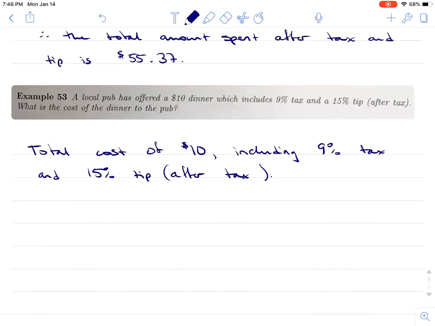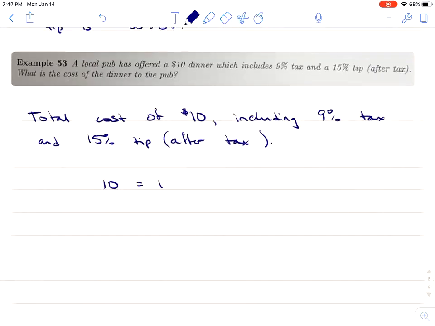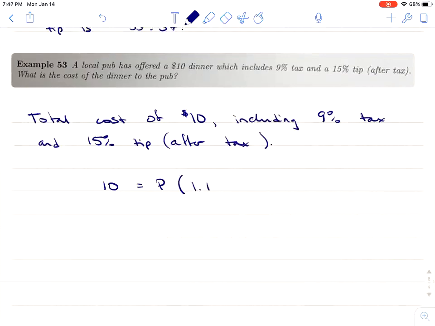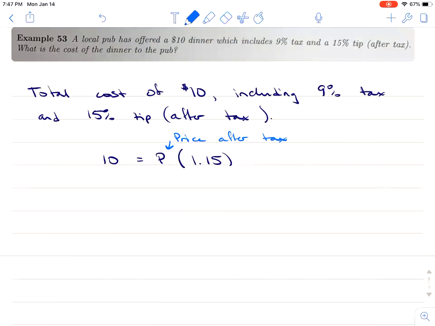So we know that 10 is, let's say, P times 1.15, right? I'll just make a note here. Where P is the price after tax, and 1.15 takes care of the tip, right?